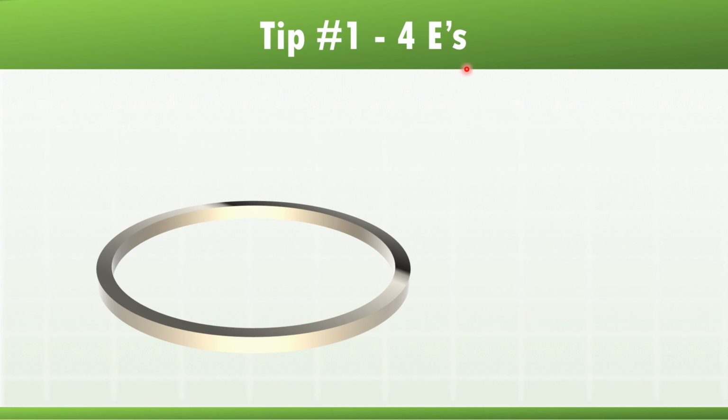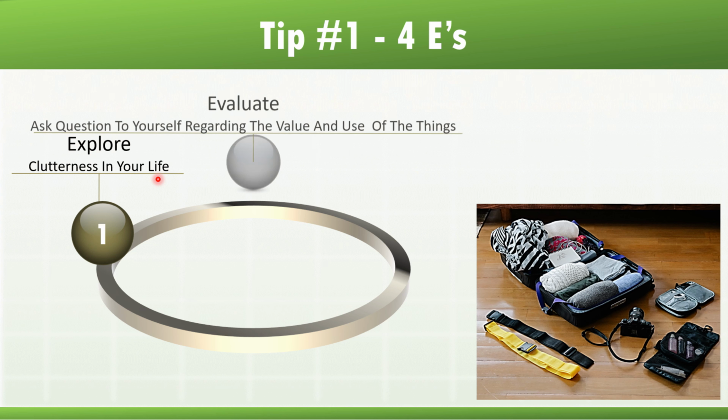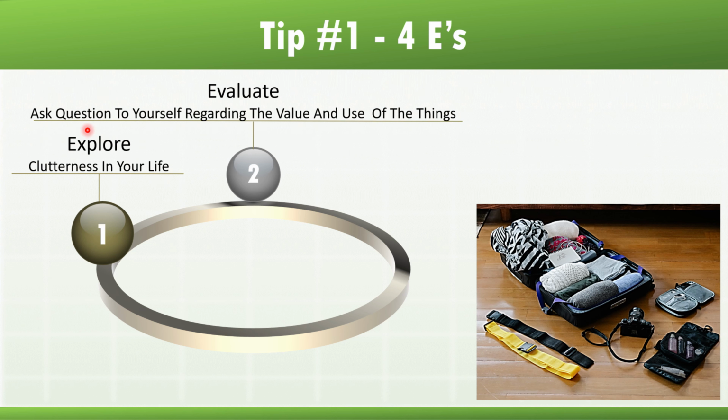So the different tips that the author suggests are: tip number 1 is the 4 E's. So let us see the definition of these 4 E's. Explore. The author says to find the clutter in your life. It may be your wardrobe or your working desktop. So evaluate and ask questions to yourself regarding the value and use of those things.